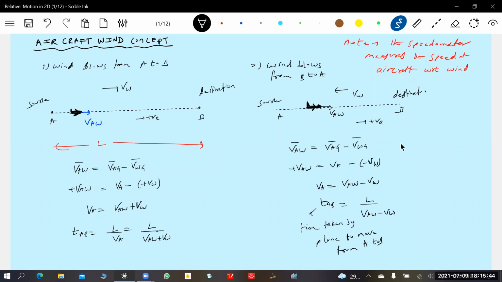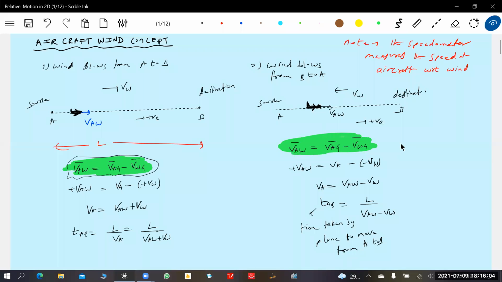I think the whole formula just revolves around this. From Monday we started the discussion and it was revolving around this only, no? V12 bar equals V1 bar minus V2 bar. Only the terms you should understand here. The source and destination will be on the ground only.